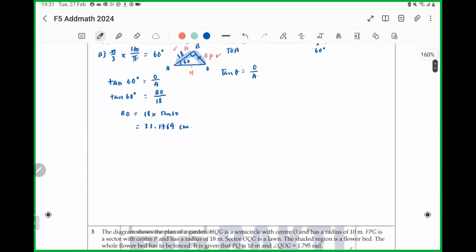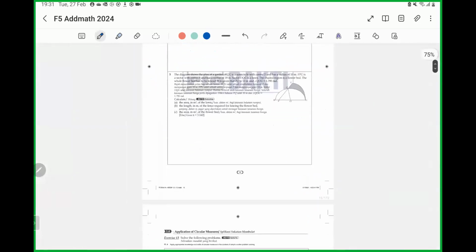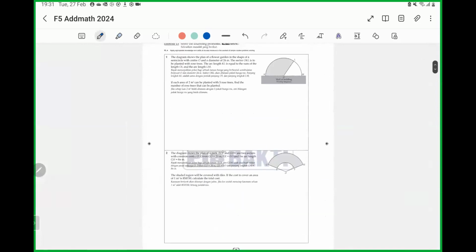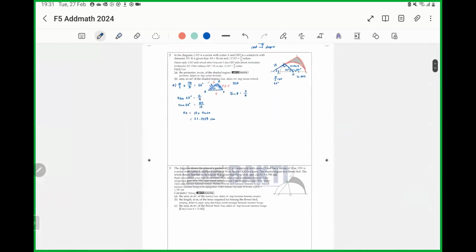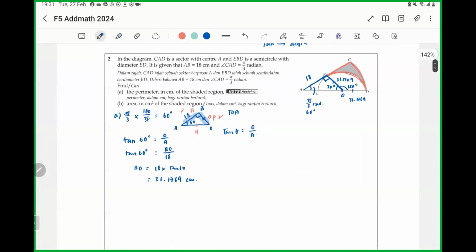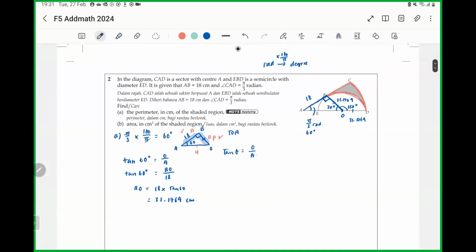Question number 2, number 3, the hot questions, and also the 1.4 application questions. It is a combination of the length of arc and also the area. 4 questions in total here. You try it at home, and then we discuss next week. Next week I will get some SPM past year questions about this chapter for you to do.